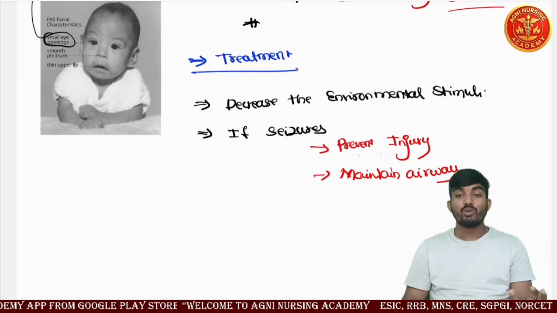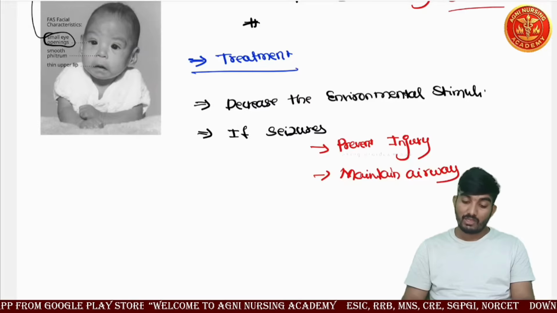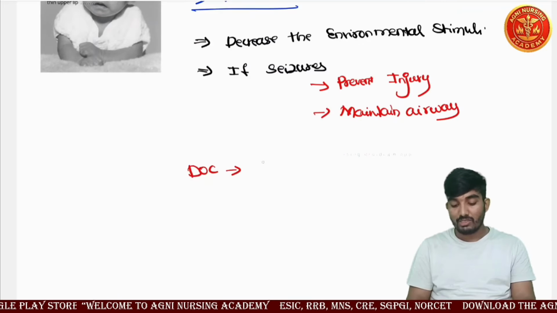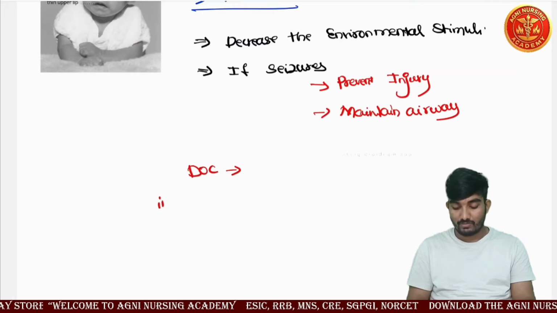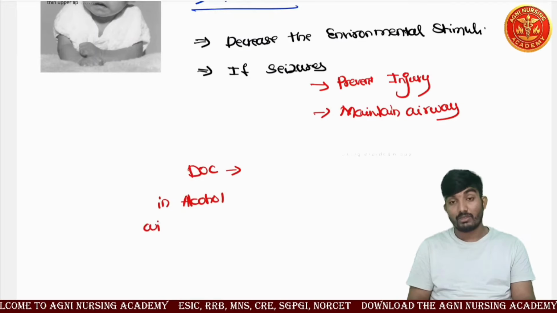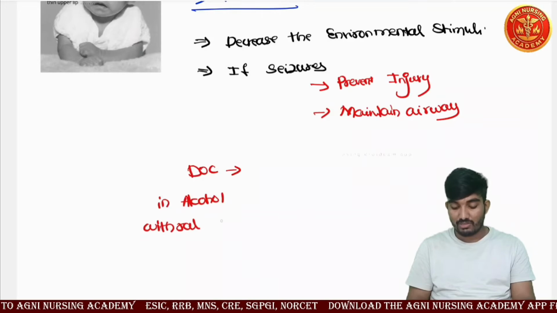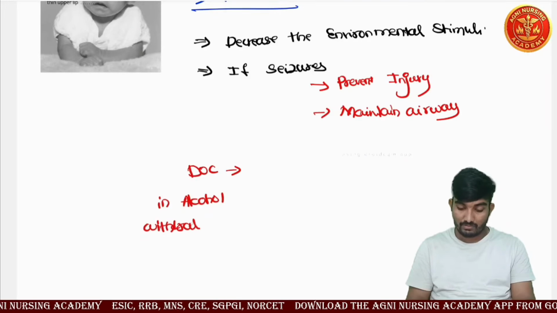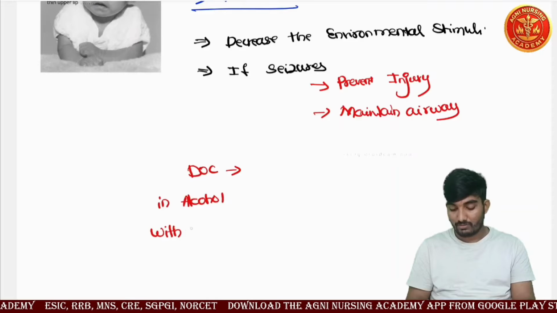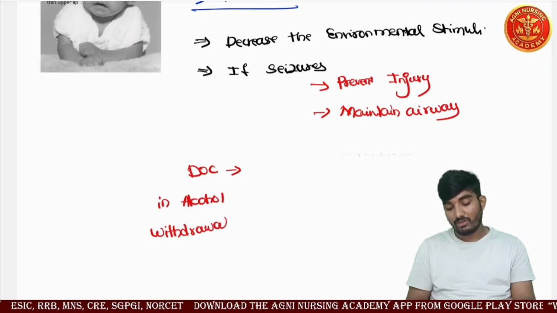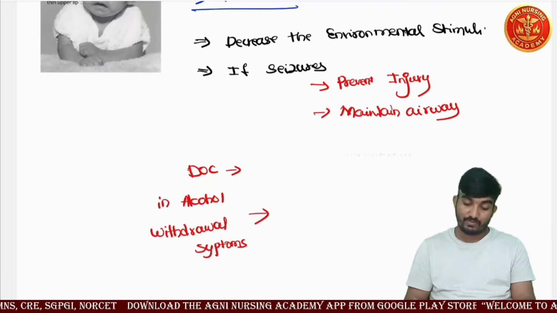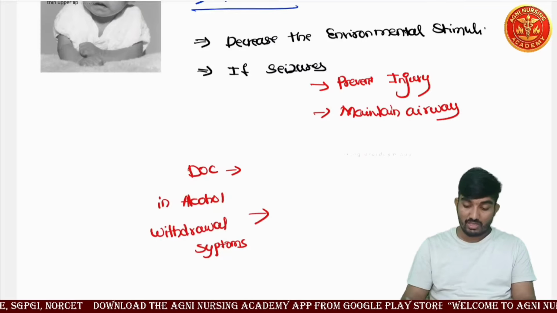And if alcohol withdrawal symptoms are occurring, the drug of choice in fetal alcohol syndrome is chlordiazepoxide.